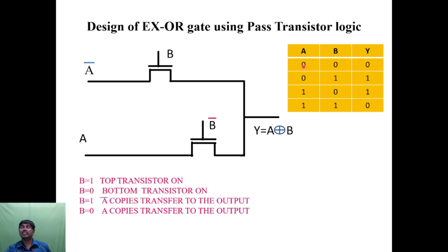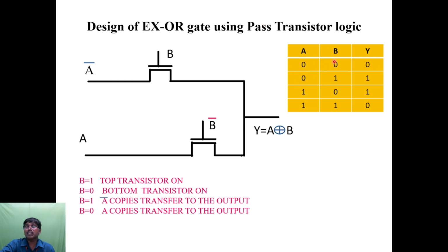In the first combination, A is equal to 0, B is equal to 0, Y is equal to 0. And when both A and B are high, the output will be 0. So by using this truth table, we have to design the XOR gate using pass transistor logic.